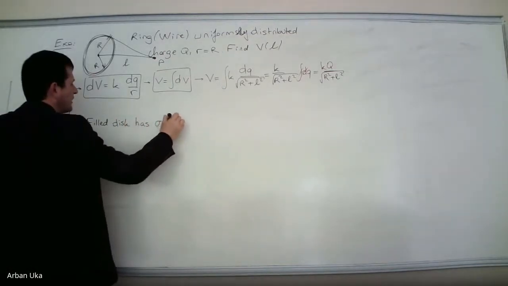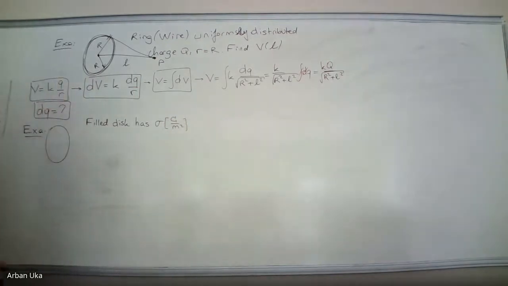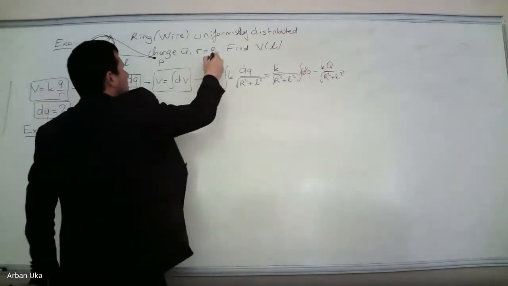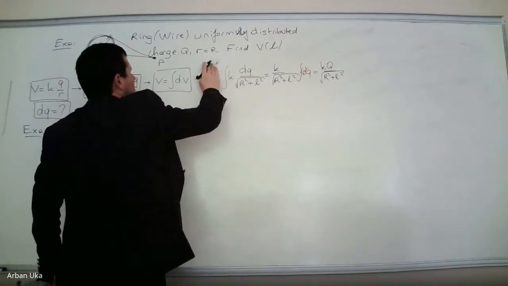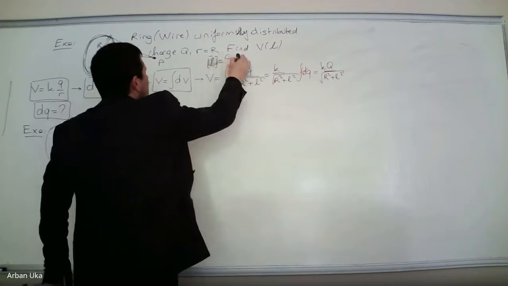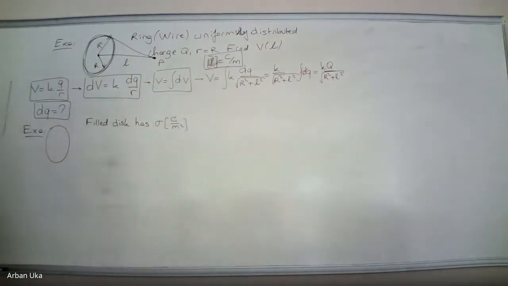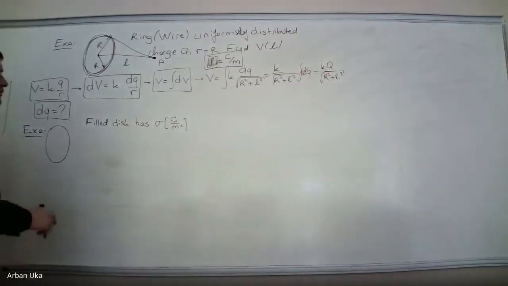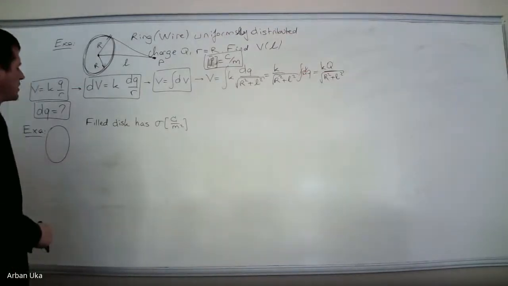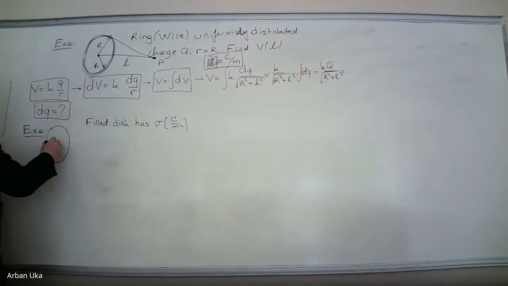When we say sigma, it has charge density in coulomb per meter squared. Okay, and here the rho, the linear charge density, has units of coulomb per meter. It's worth putting this down because it reminds us of the geometry and how the charge is distributed. So for the filled disk having this coulomb per meter squared, we need to find the potential at the point P.